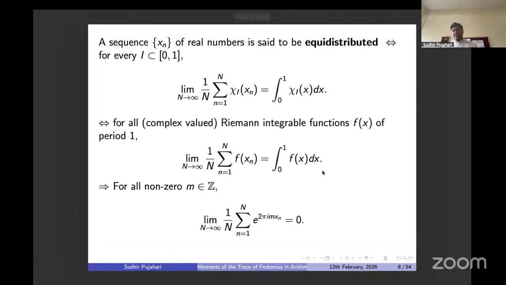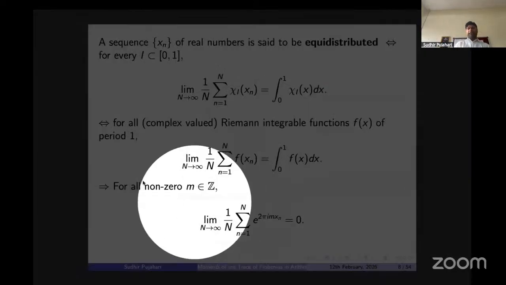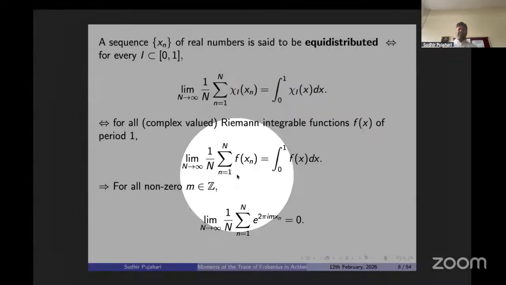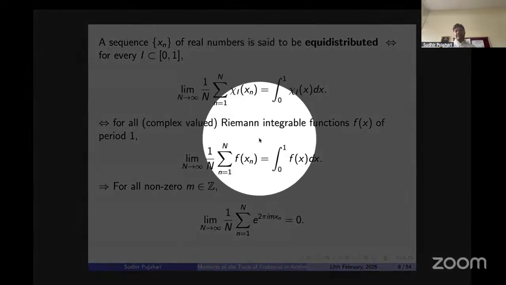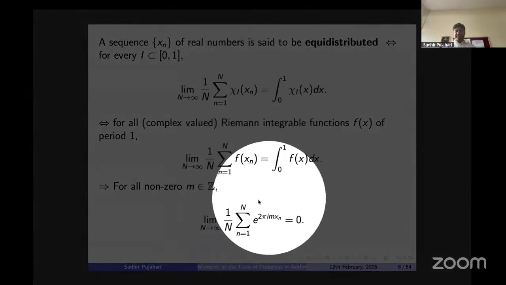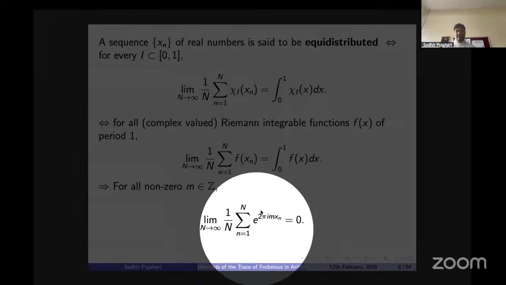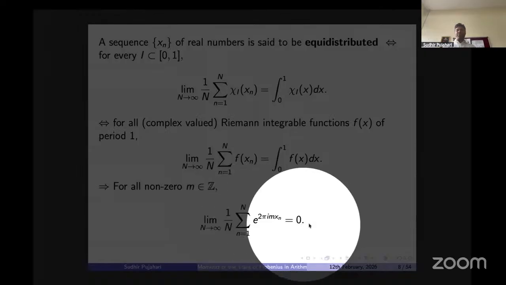So in particular, if you choose your f as an exponential function, what does this give? That if a sequence x_n is equidistributed, then necessarily, because this is a special case of this f, the left-hand side, the exponential sum, should be 0.